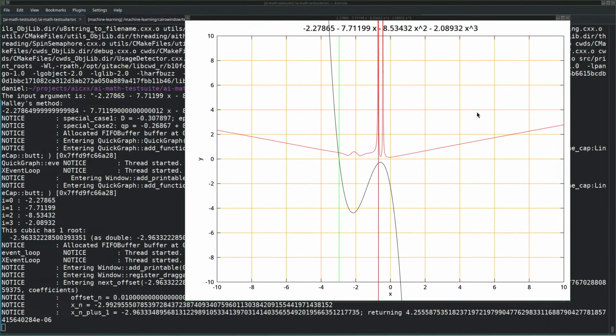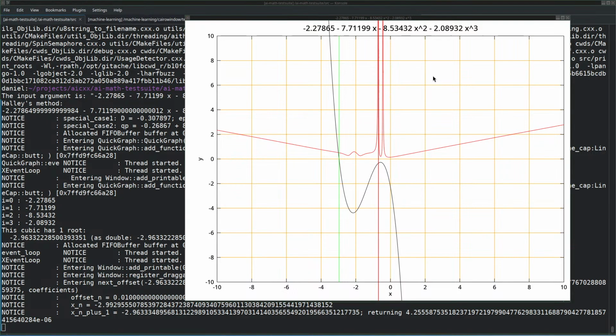Whoa, that spikes. That's interesting, isn't it? So the floating point round-off error is very large around this and this point. What would be the reason? That's weird, man. That is highly weird.